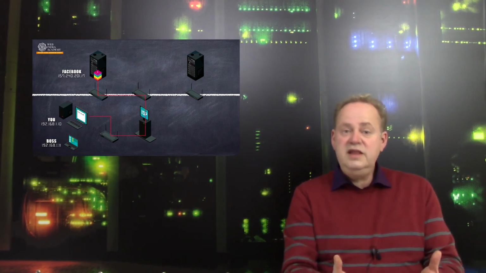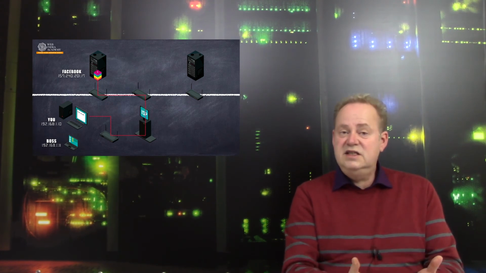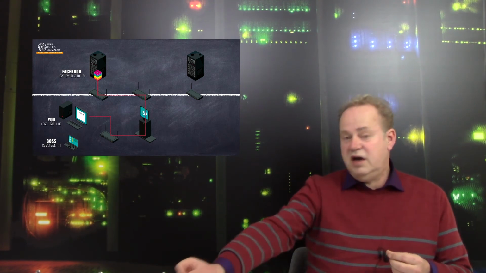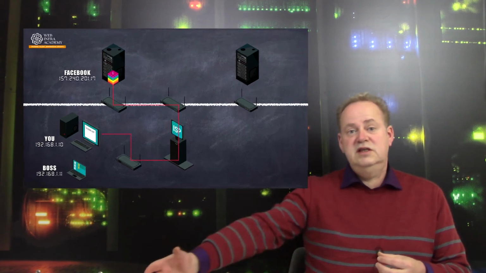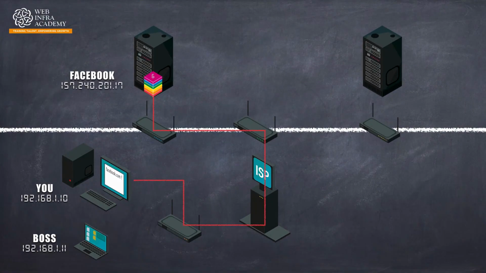Facebook now wants to send a reply back, and it exactly knows the route. He can look at the envelope, it sees the sender address. Okay, that's my router. So he forwards the reply to the router of Facebook. The router again takes off an envelope, sees the next sender address, forwards the reply to the router of your internet service provider.